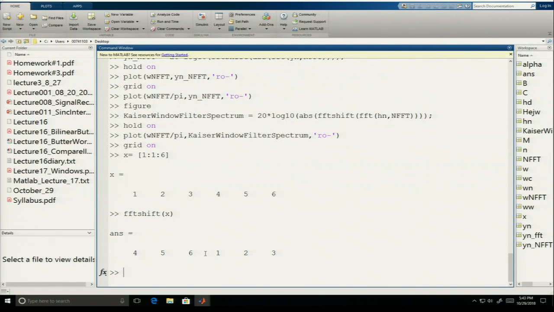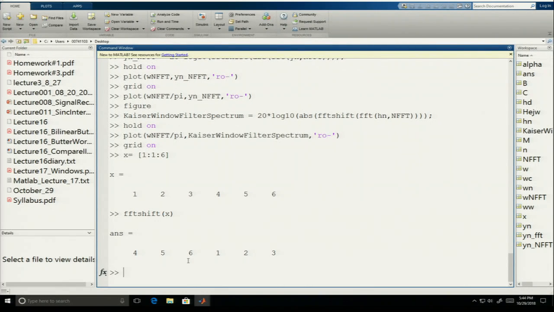You see where now 1, 2, 3 is over on the left side and 4, 5, 6 is there. And the whole purpose of that was if these were samples of a spectrum and frequency, now all of a sudden 4, 5, 6, which turns out to be 0 and low frequencies on 3 and 4 now, or I guess in 6 and 1, which were low frequencies, are now put together. So by swapping that, it makes it easier to plot.